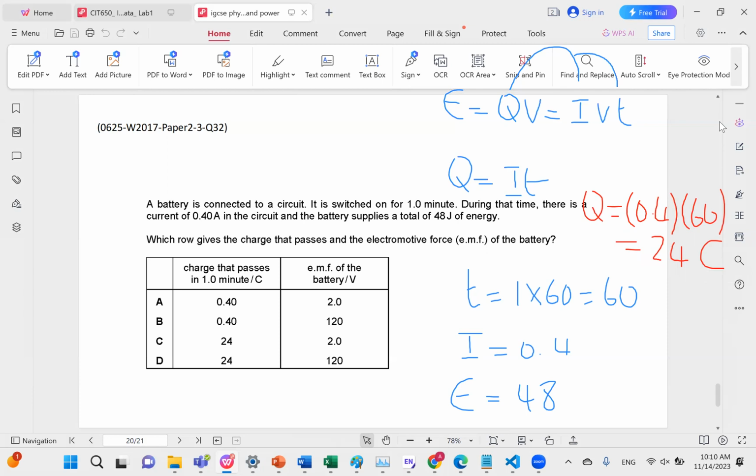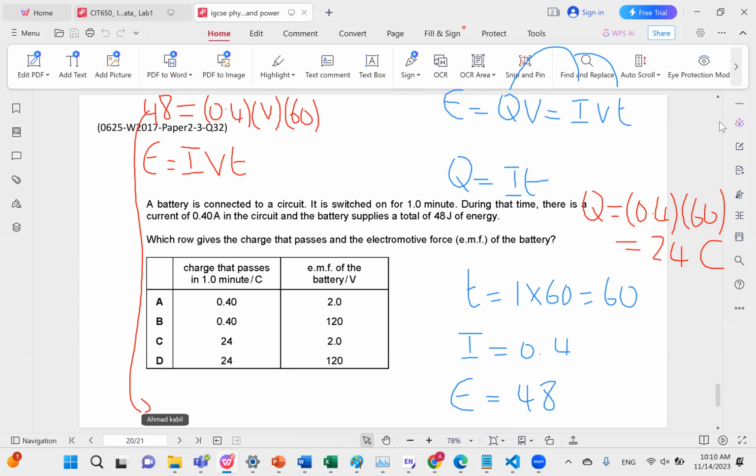As for the energy, it is equal to I times V times T. So since the energy is 48, this is equal to the current, which is 0.4, multiplied by V, which we do not know, multiplied by T, which is 60. So simplifying this equation, 48 is equal to 0.4 multiplied by 60 gives us 24, so 24V.